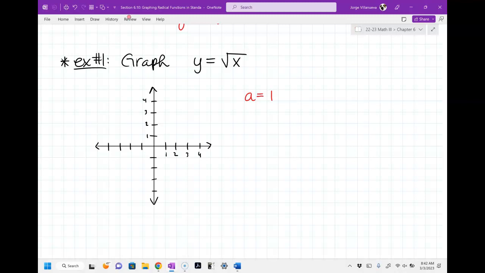It's just normal, okay? What's my C value? So that's inside of the square root, the thing that makes it shift left and right. Do I have one? No. So that's a 0. What's my D value? The thing that moves it up or down. Do I have one on the outside? No, I don't. So that's a 0. Okay. So now I just have to graph this function. So I'm going to create a table.